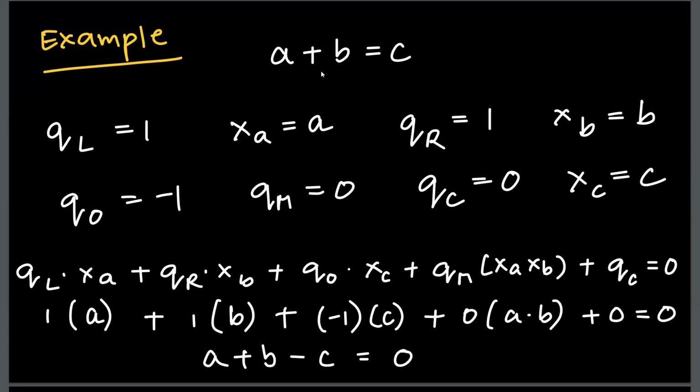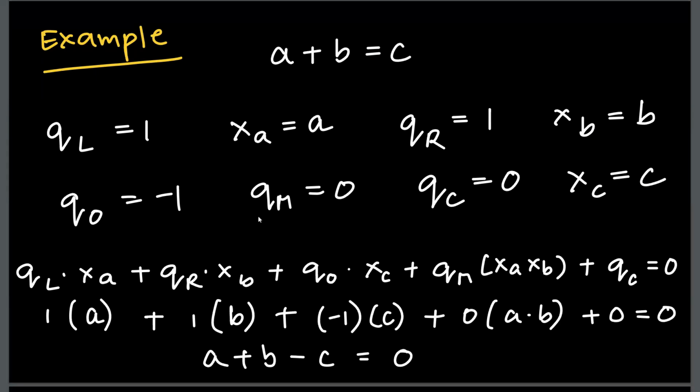Here we have one left input, which is A, so QL is 1. QR is 1 because we have one right input. Right and left are with respect to this addition operation. To the left of your addition symbol you have A, so it would be the left wire, and B will be the right one.